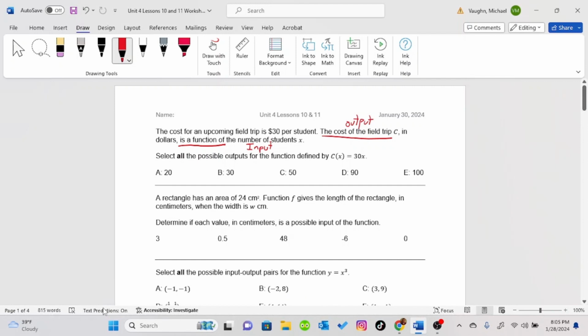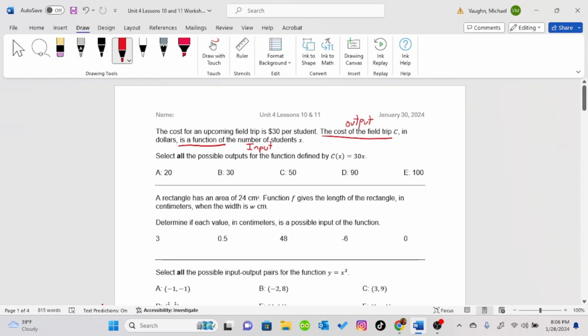Now what we know about students is that this number for x must be a whole number. I can't have partial students on the field trip. So if a whole number must go in for x, then that means the output must be a whole number times 30, which means all outputs must be multiples of 30.